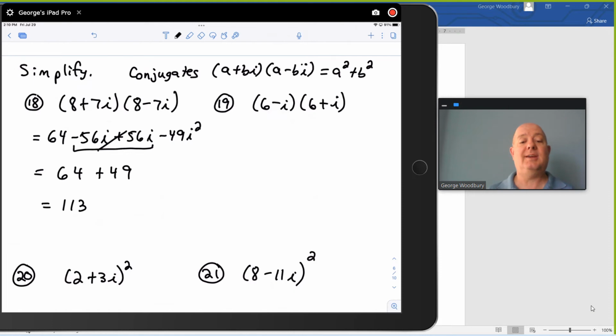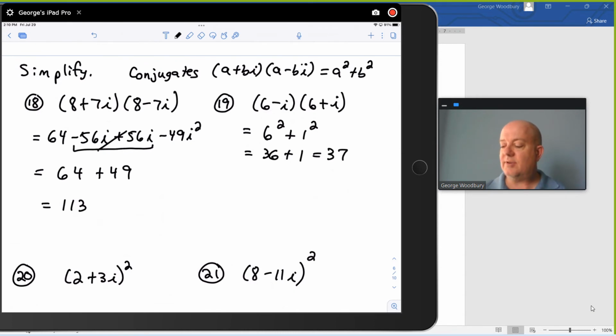In problem 19, I've got 6 minus i times 6 plus i. There my a is 6 and my b is 1. So I know right away I can think of this as 6 squared plus 1 squared. And that's 36 plus 1, or 37.